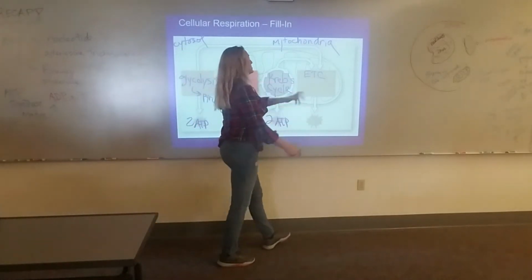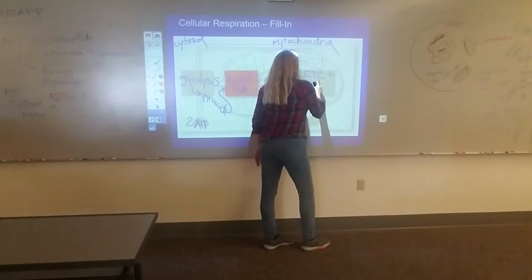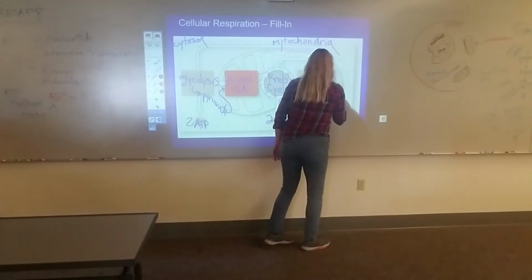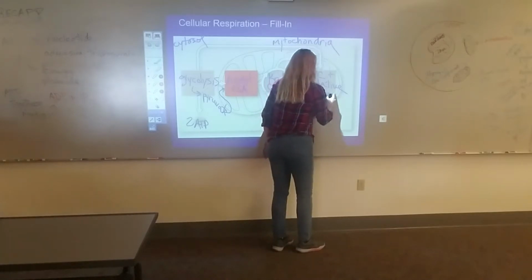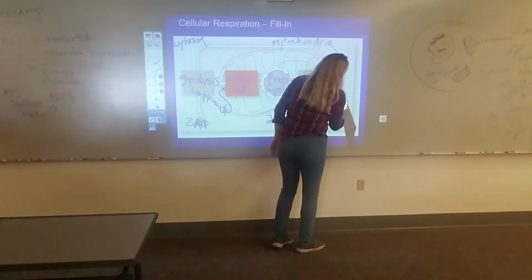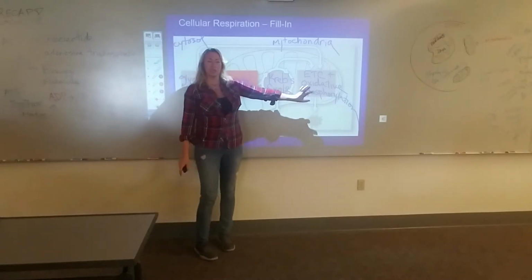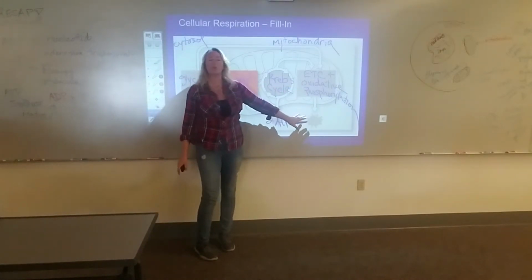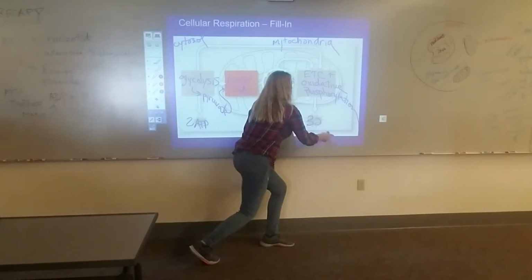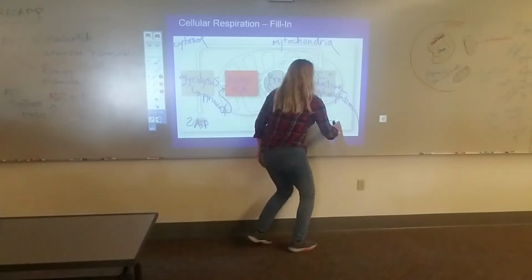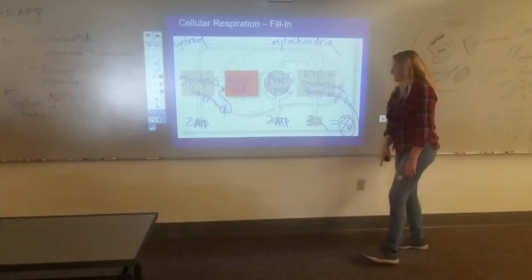So this is oxidative phosphorylation. ATP synthase is doing its business here. How many ATP ultimately are made in this process? 32. Okay? So the grand total is somewhere around 36 ATP.